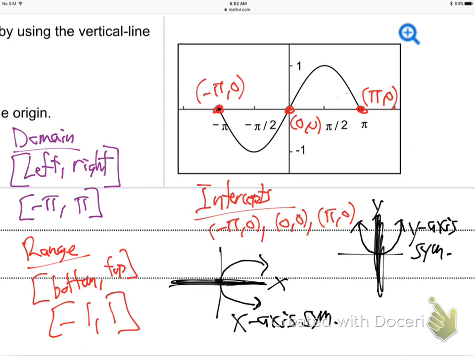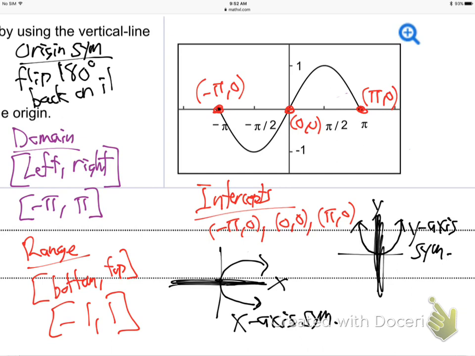The third kind is, I'm out of room for it, origin symmetry. And that's the trickiest kind. Origin symmetry means if you flip it 180 degrees, it's back on itself.